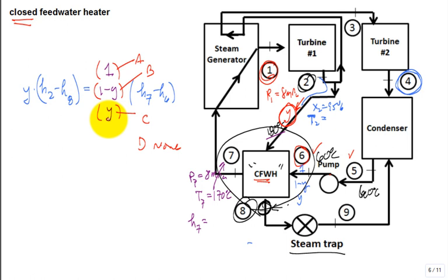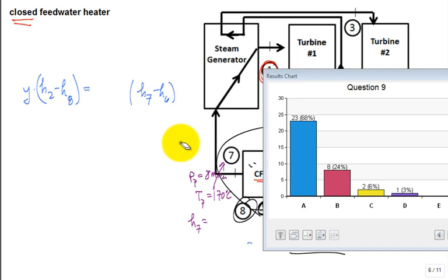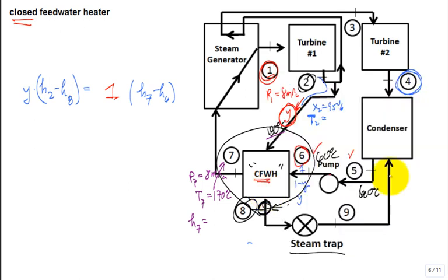All right, everybody in? Let's go ahead and stop and see where we're at. Well, the correct answer for this problem is 1. Why is it 1, Professor? Well, because all of the fluid joined back together in the condenser.